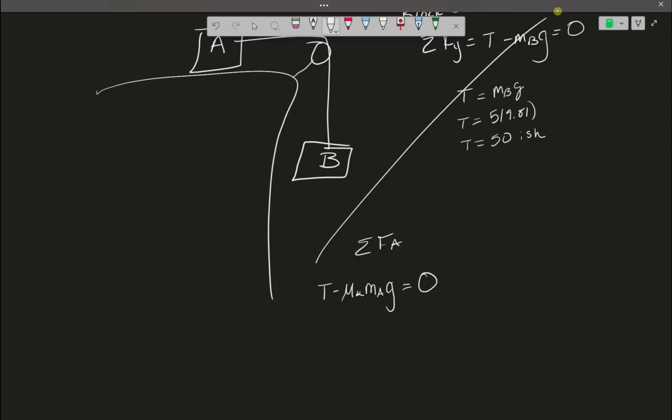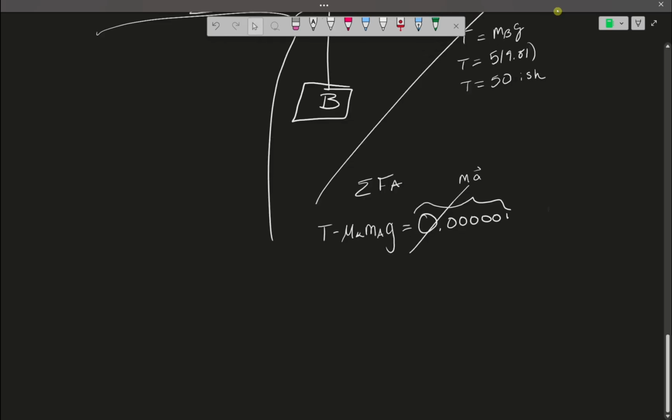Or we can't really assume that it's not moving. I'm going to assume that this force of motion forward, it's MA, is very, very small, and ignore it.